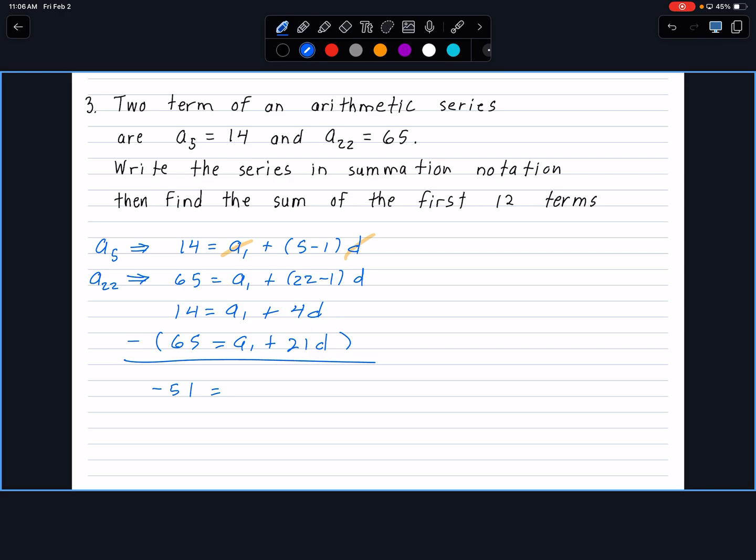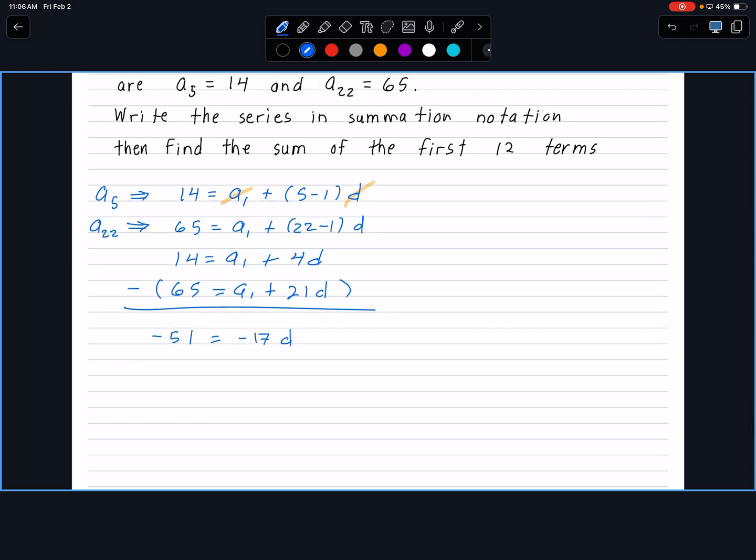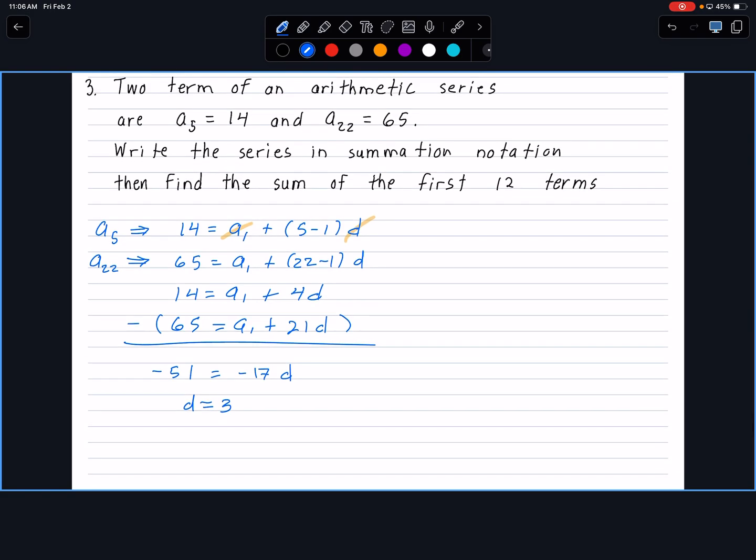The first terms cancel each other out, and in this case, we get d equals 3. Again, all I did was the elimination method. You could have used the slope to find d. That's fine.